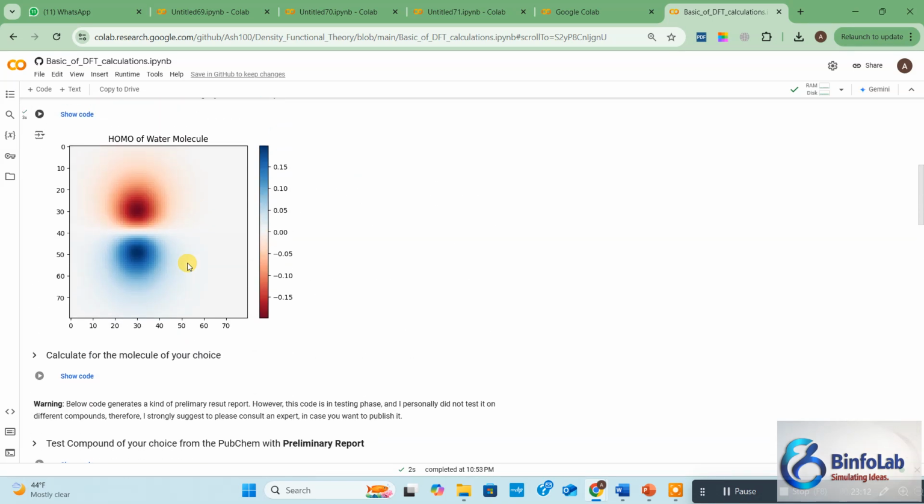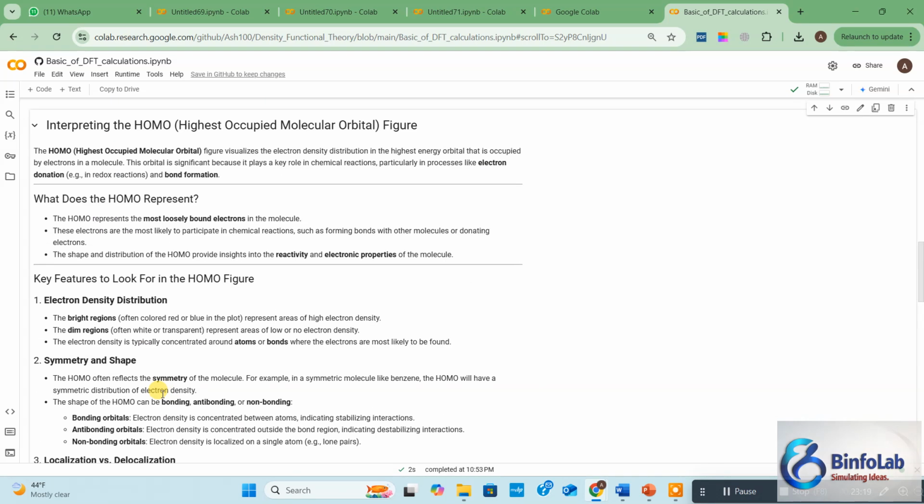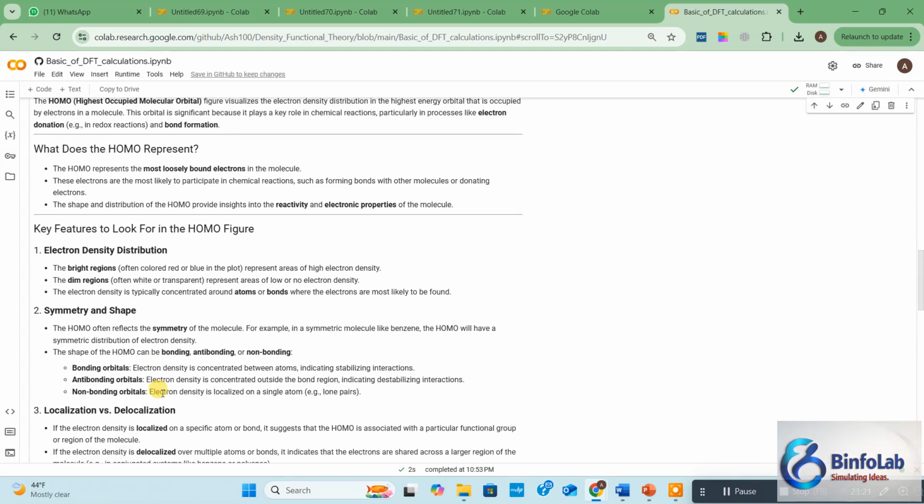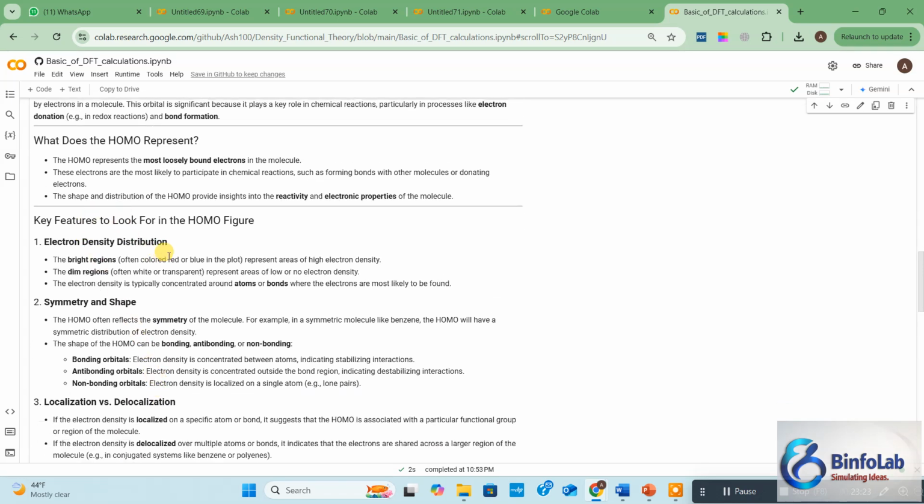now if you are new in the field, a question may come to your mind: what do I look for in this figure? So, key features to look for in the HOMO figure. The first thing, electron density. The brighter regions, often colored red or blue in the plot, represent areas of high electron density.